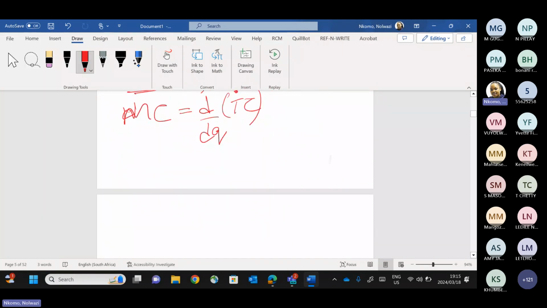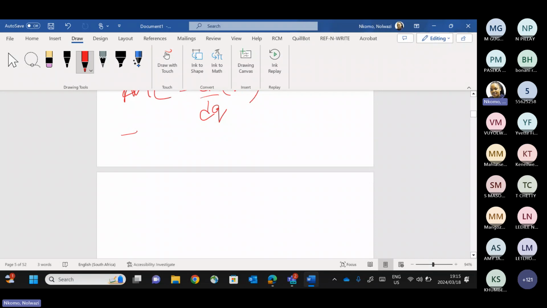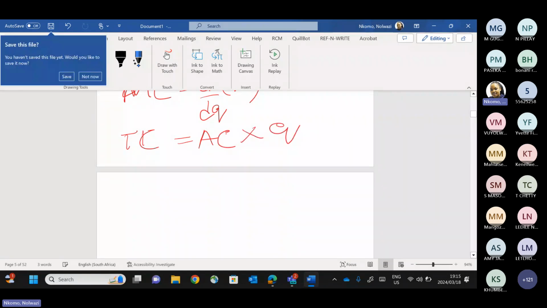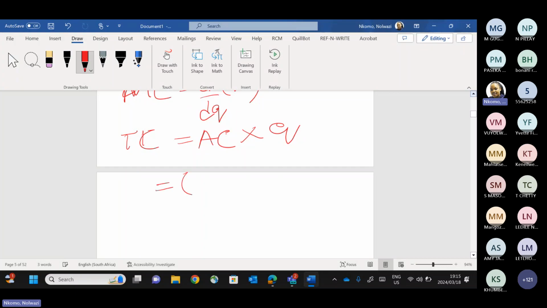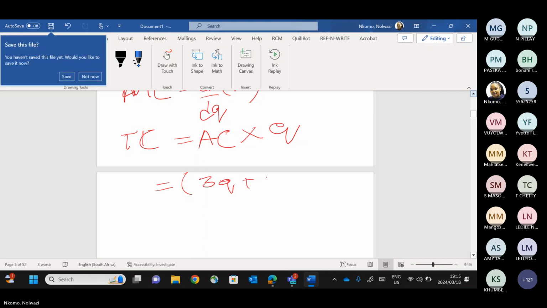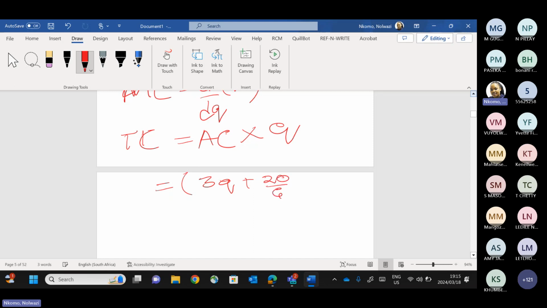So this means total cost is equal to an average cost times the quantity. And we said the average cost is 3Q plus 20 over Q plus 6.